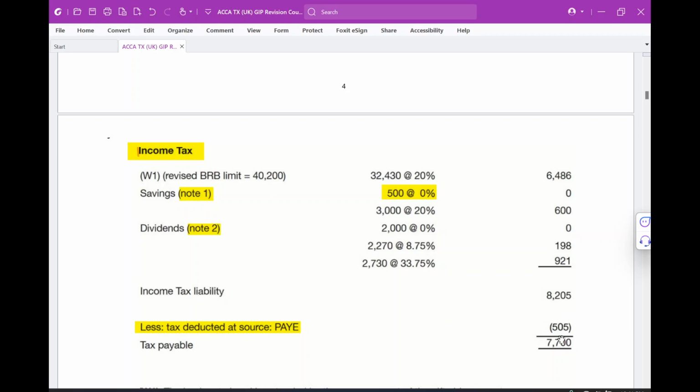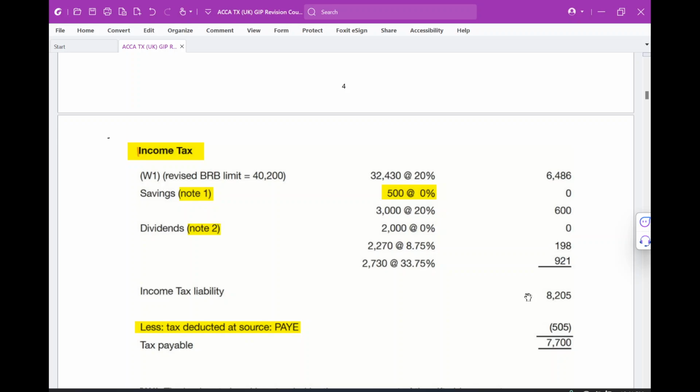So we saw that 505 was deducted. So this is the total liability, the total exposure to UK tax in the 2022-2023 tax year. But what is actually payable by Kate after the end of the tax year?